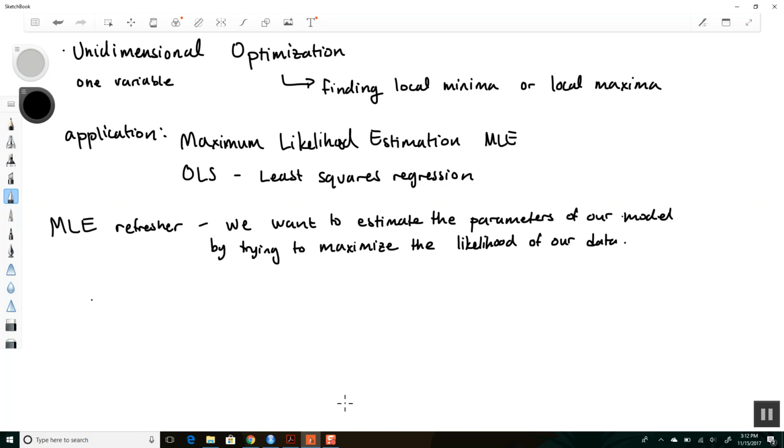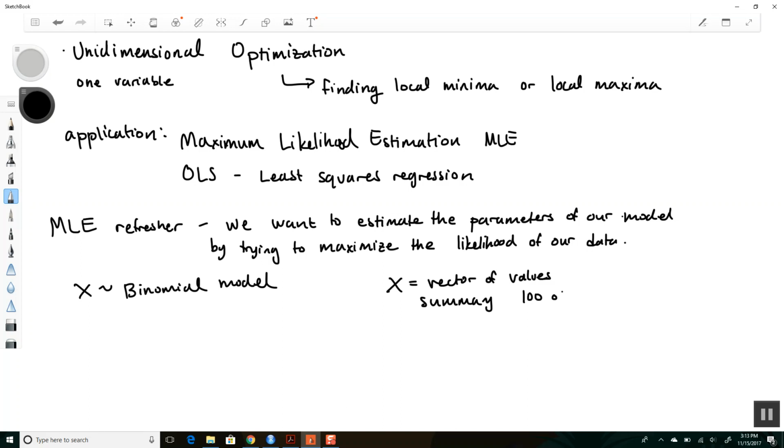Okay, so we'll say X comes from some binomial model, and maybe our X is some vector of values, and the summary is, we'll say 100 observations and 64 successes.